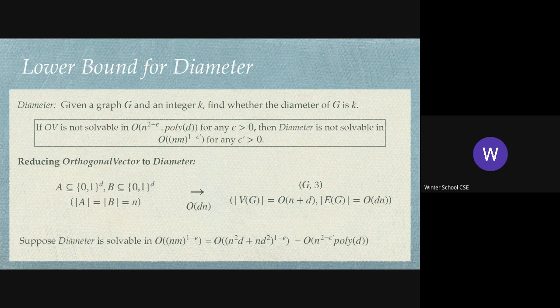These things are important because you have to ultimately show that if diameter is solvable in time order of nm to the 1 minus epsilon, then orthogonal vectors is also solvable in order of n to the 2 minus epsilon times poly of D.